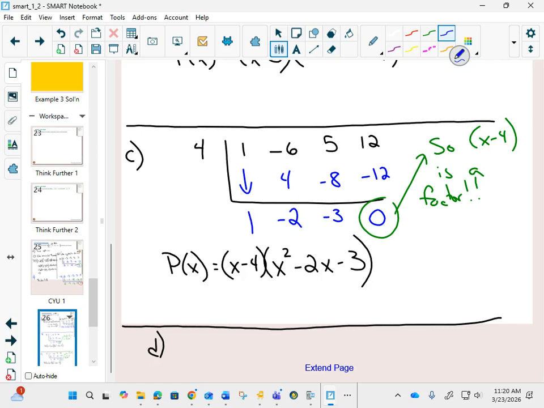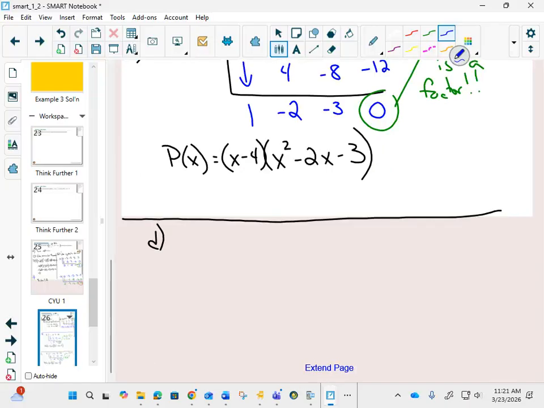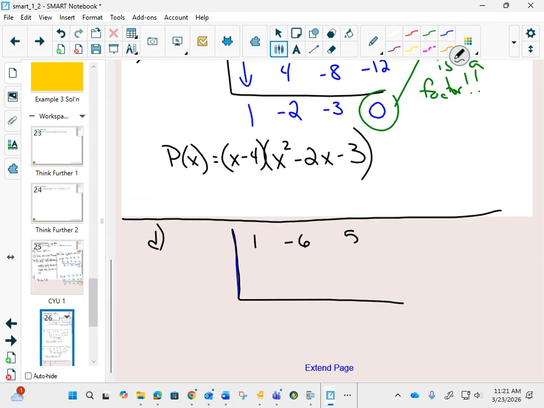Kind of crazy. It's not typical of a textbook to have the first 3 examples all work to be factors. Usually they mix it up, right? They kind of like, we want to show you one that works, we want to show you one that doesn't work, then show you another one that works. So let's try the last one. It was 1, -6, 5, and 12. This time we're dividing by x plus 4, so there'd be a minus 4 out in front.